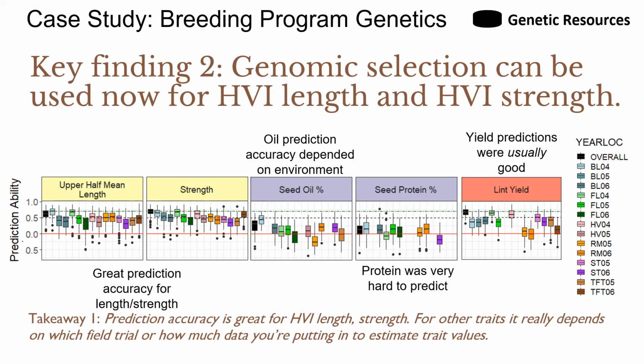This is important and gives us an indication that we really need to think about increasing our trial levels and getting to multiple environments in order to get an accurate prediction of what the phenotype is for each of these traits for the individuals that we're interested in.